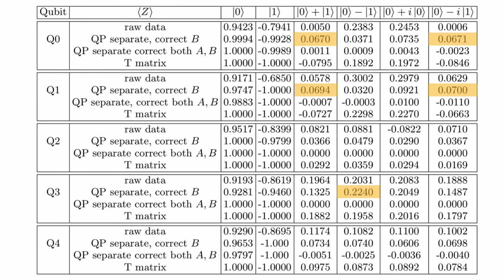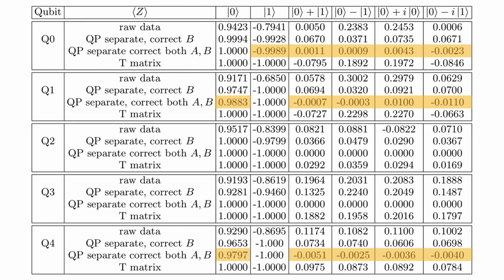But we didn't see cases that are seriously wrong, like what we got in the earlier case. So it is acceptable. For the cases where we separate A and B and correct both, the method should yield perfect correction, but it didn't. This is due to the constraints we added.